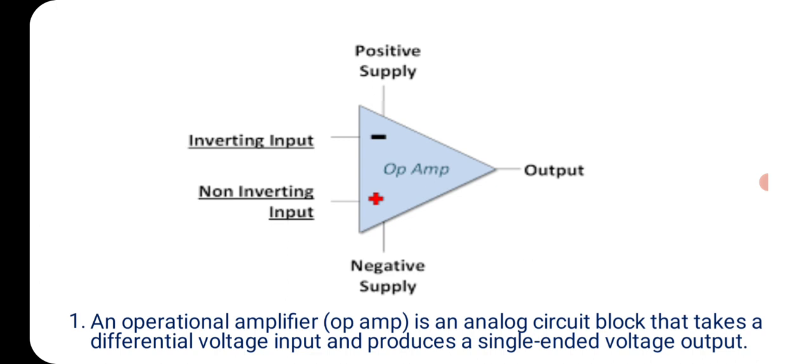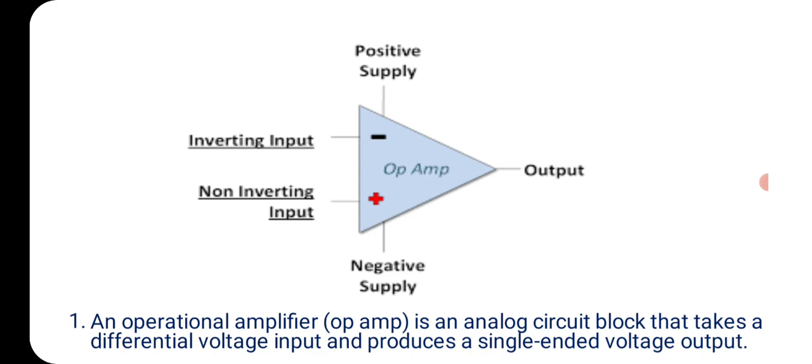The main parameter it depends on is gain. Depending on the gain of the amplifier, strength will be added to the weak signal. This amplification is done after the operations. So doing operations along with amplification makes it an operational amplifier. What operations it can do and how amplification is done, we'll see in further classes.